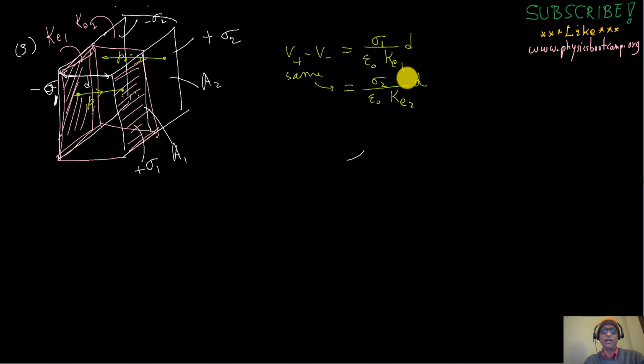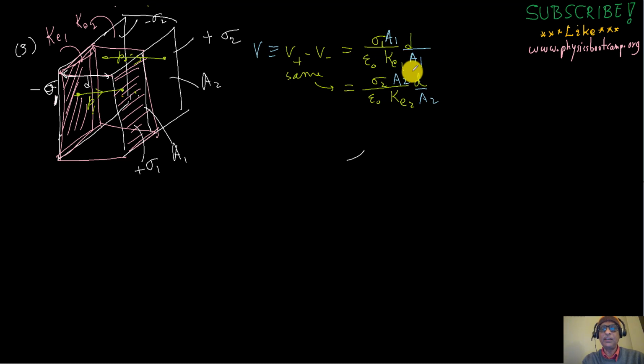So let's do something more here. Multiply by A1 and divide by A1, multiply by A2, divide by A2. Let's also just denote this by a V for simple manipulation.